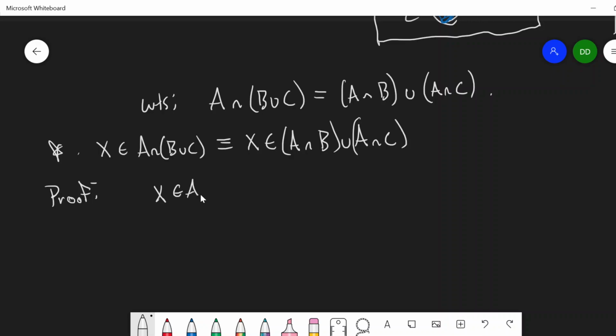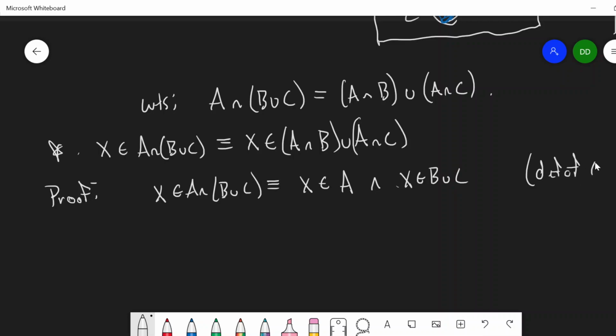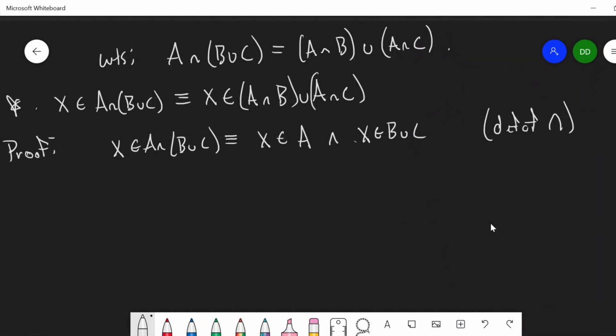Okay, so X is in A intersect B union C. What does this mean in terms of logic? This means that X is in A and X is in B union C. So this is the definition of intersection. Now I can break down this B union C a little bit further. It's still in terms of sets. I can write out the definition of union.